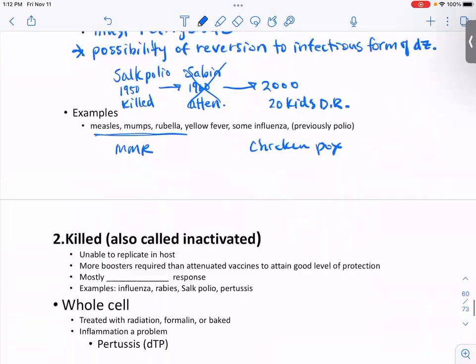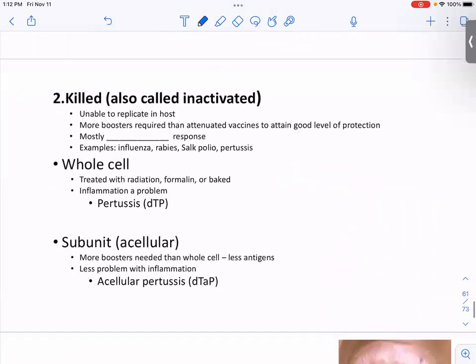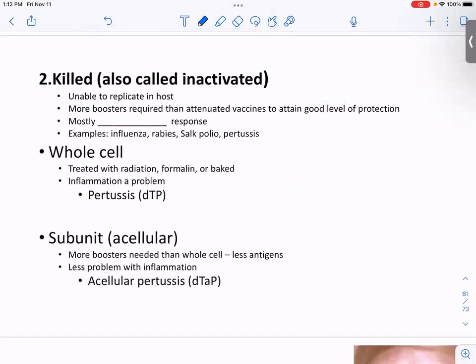So still used, probably the most common vaccines are considered killed, or if it's a virus, it'd be more correct to say inactivated, because is a virus really alive to begin with? Debatable, right? So they can either be whole cell vaccines or just a part of that pathogen.